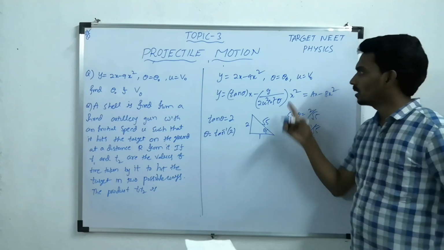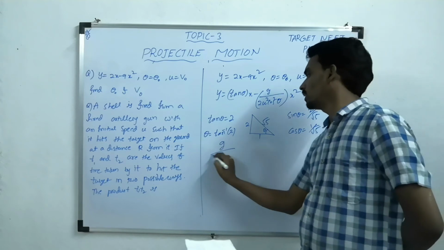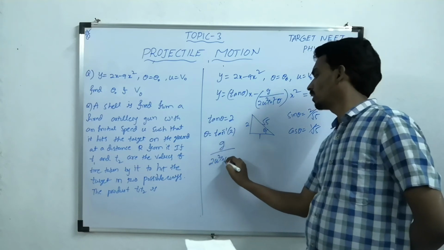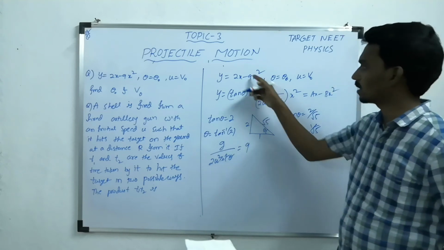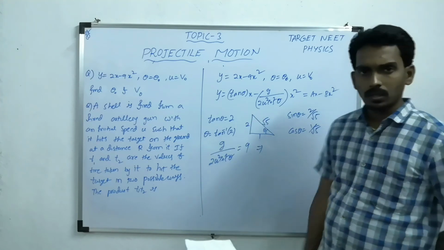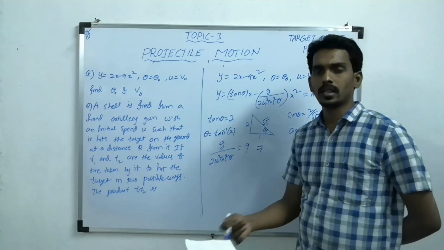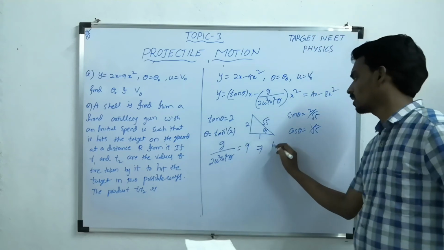Then the other one is v naught. If you compare the x square coefficient, g by 2u square cos square theta equals 9. Then for the g value, if they mention to take it as 10, then take 10, otherwise take 9.8, depending. Let us take 10.